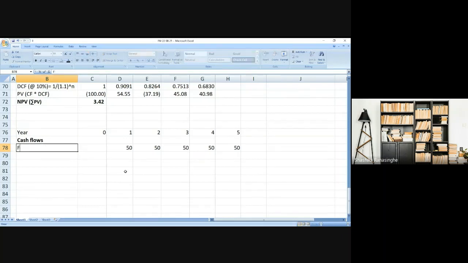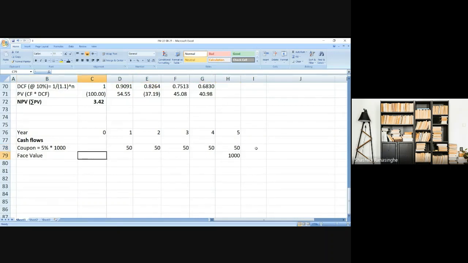You get face value when the bond matures. Remember, face value is 1,000, and the coupon is based on the face value, right?